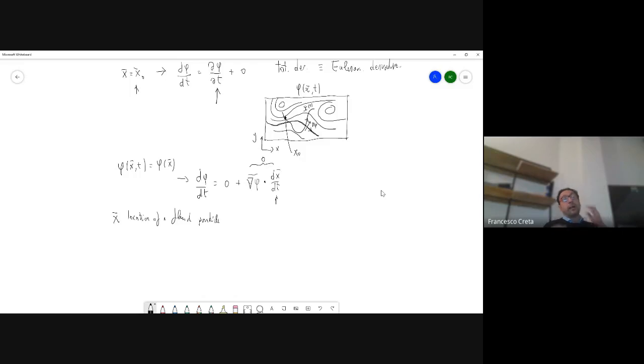Before, when I was talking about the elevation and maps and things of this sort, I wasn't concerned about fluids, but in general, when you have a scalar field that changes in time, the typical thing you'll end up thinking of is a fluid, something that moves continuously. So suppose that X is a location of a fluid particle.